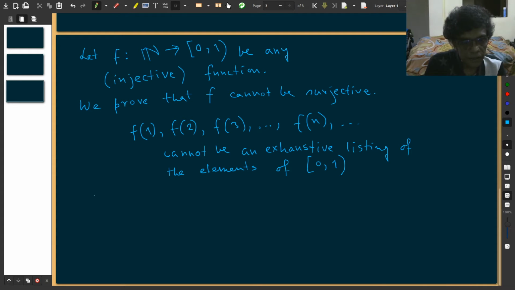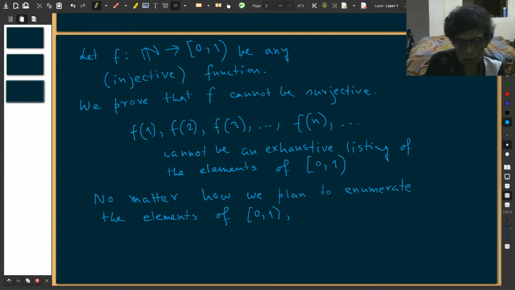Okay. So that's the important thing. No matter how we plan to enumerate the elements of [0, 1), we are bound to miss at least one element of [0, 1).